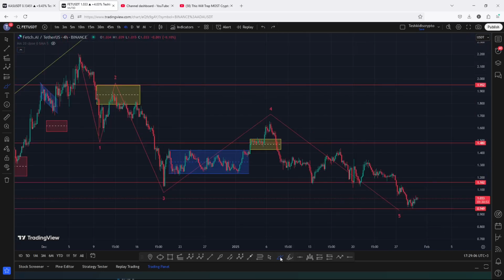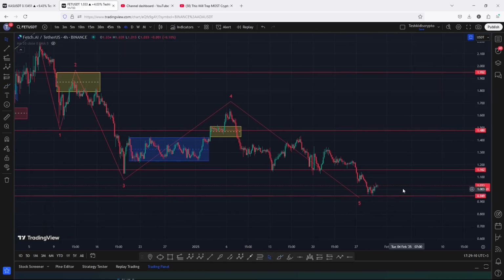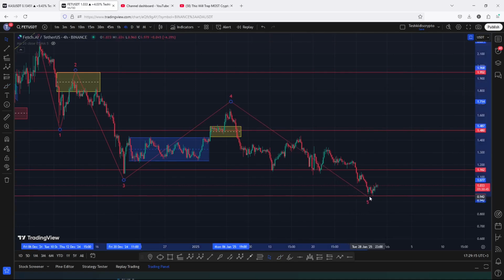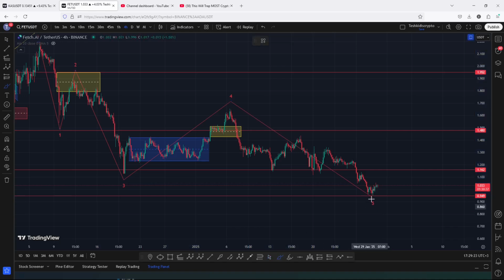I have also been saying to you that if our key area of support above the 0.95 continues to hold, there are chances that we can bottom out in the formation of this wave 5 around that key area of support. And if that plays out and we continue holding above support, there's a chance that we can easily start another bounce back.